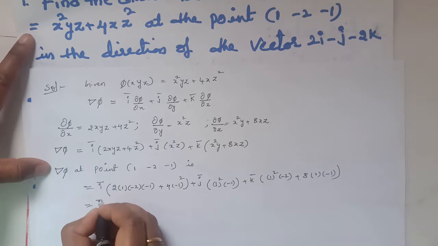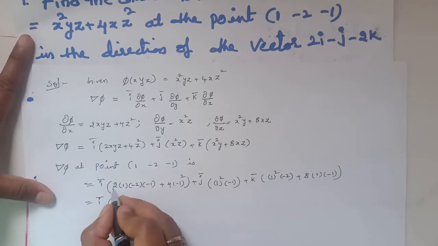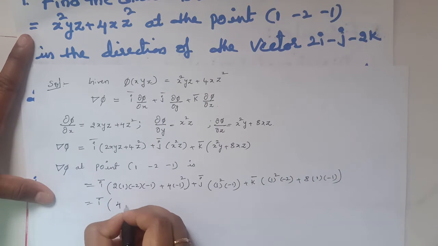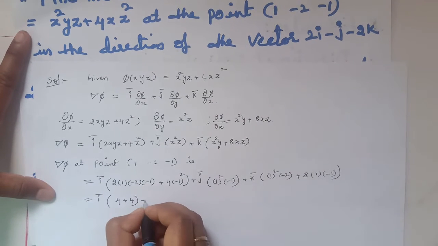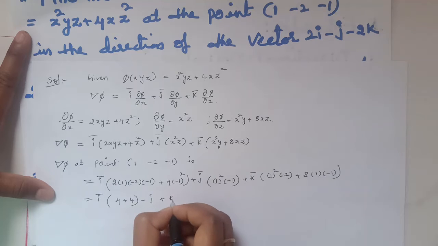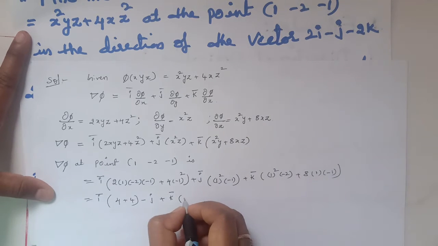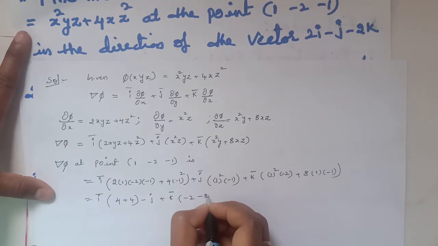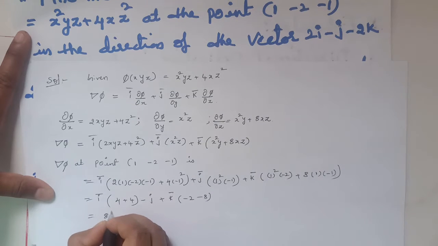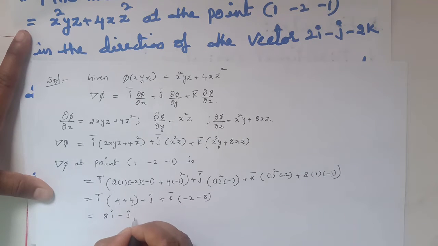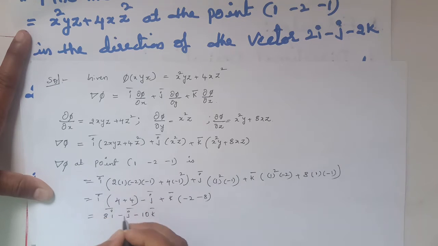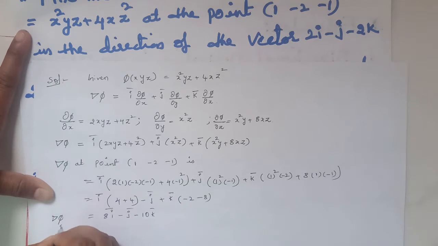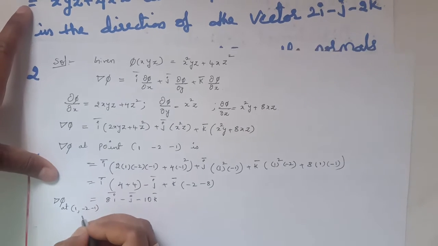This is equal to minus of minus plus 2 into 2 is 4 plus 4, that is 8, then -j, plus k into -2 - 8. This is equal to 8i - j - 10k. This is the del phi at (1, -2, -1).